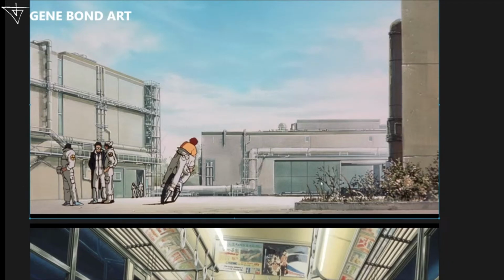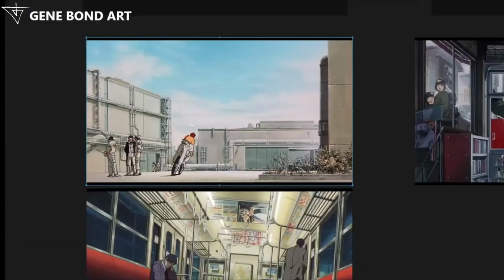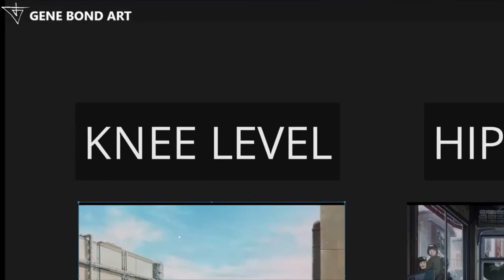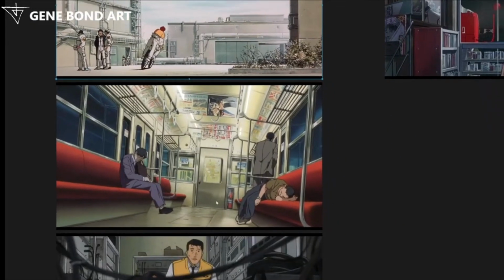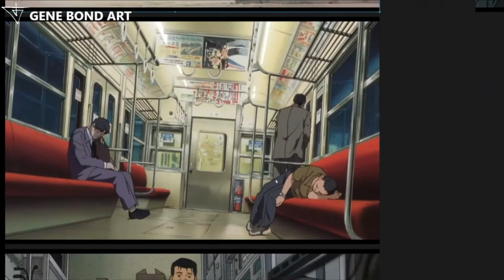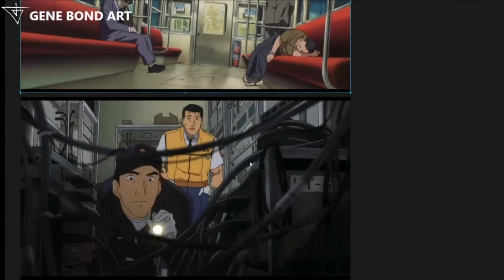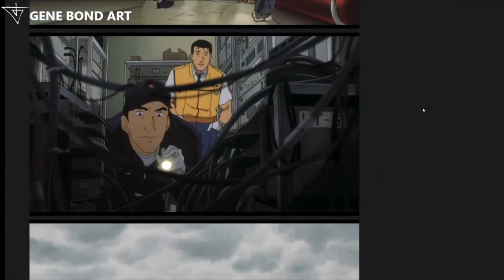You see? So here is the horizon line, and so this kind of frame we'll call knee level because it's on the level of a knee. Same here, it's tilted, but if we take this figure, the horizon line is on the level of his knees.